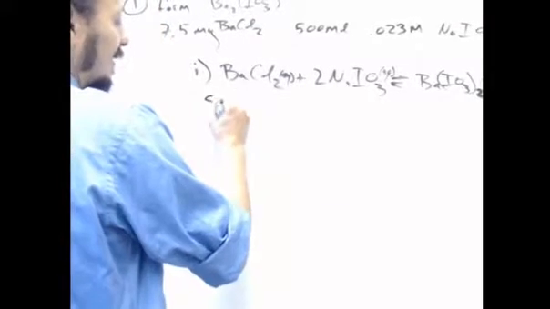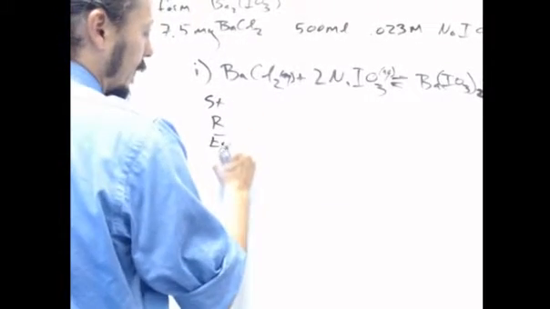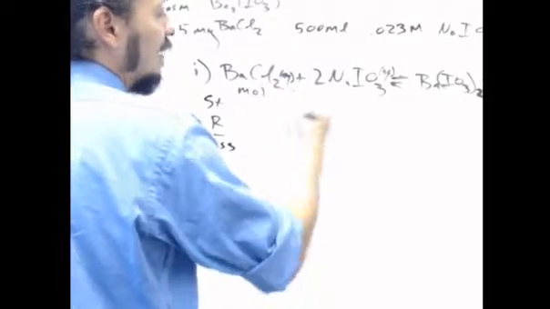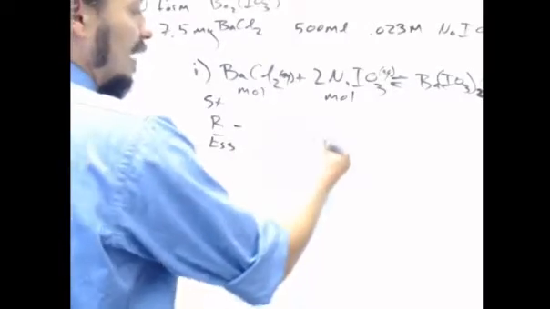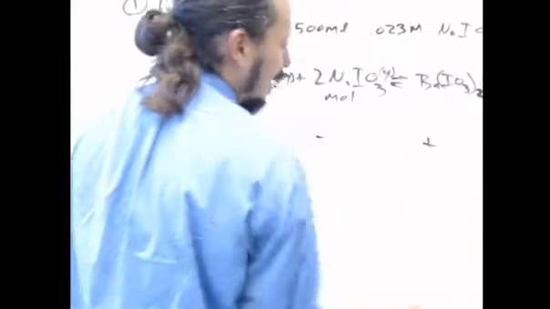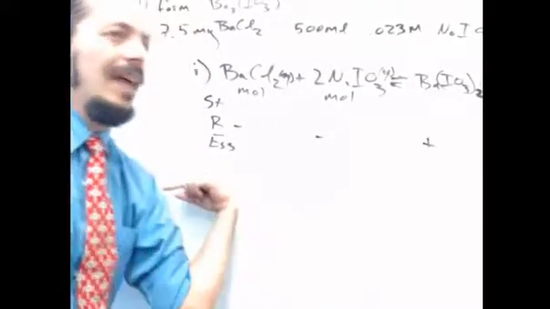So we're going to set this up as a stoichiometry table. We're going to get some moles of this, some moles of this. If I remember correctly, this is going to be our limiting reactant. We're going to subtract, subtract, add, and get moles that are made. Then we're going to do an ICE table to see how much of that redissolves.